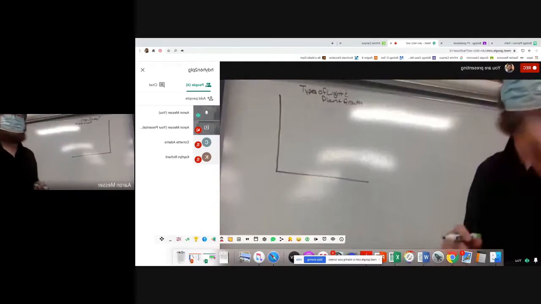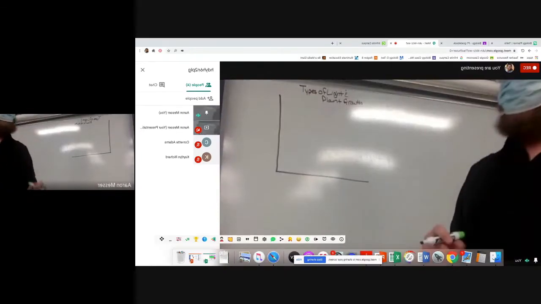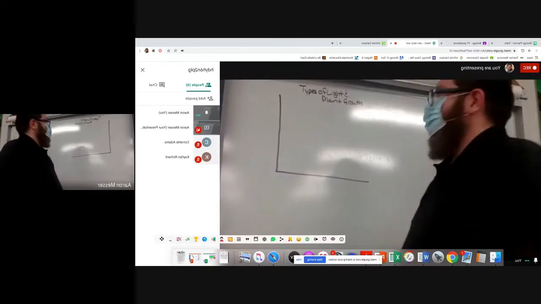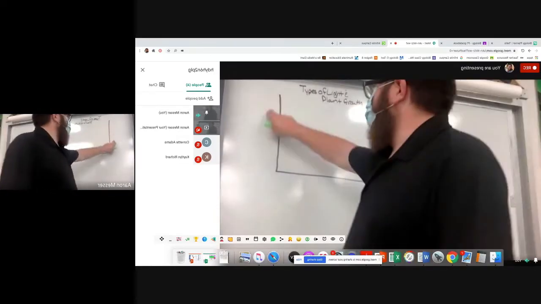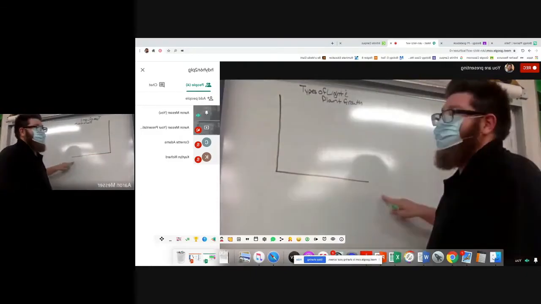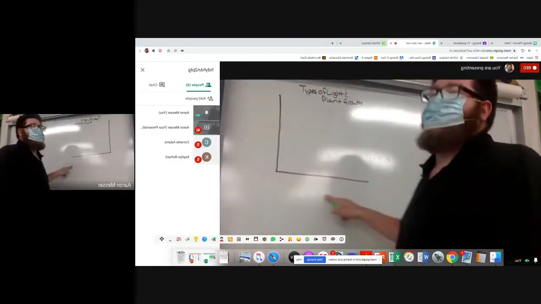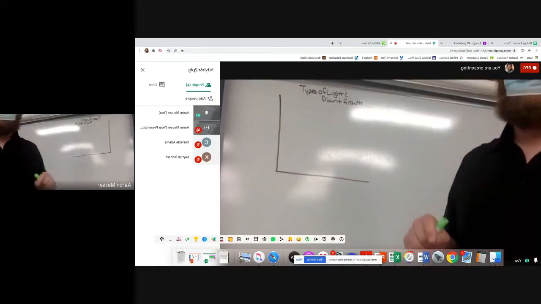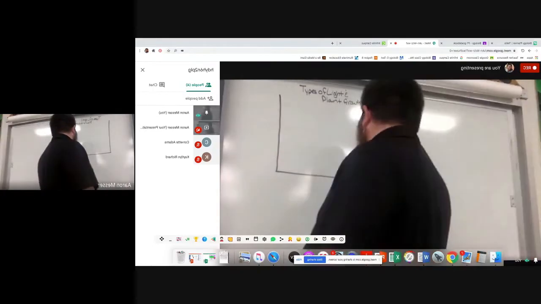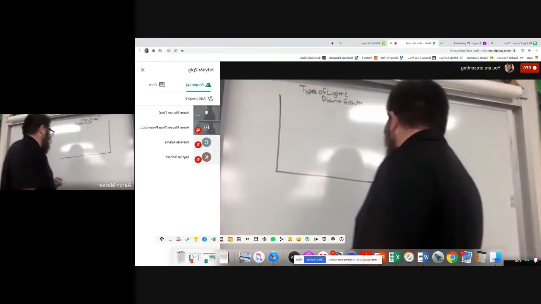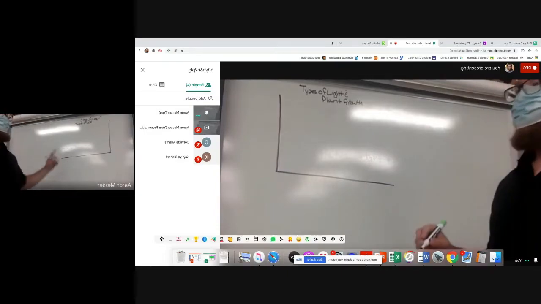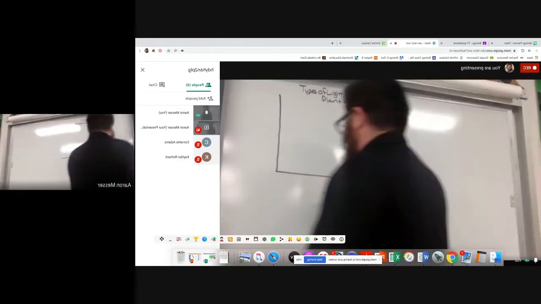And dependent goes on the y-axis, independent on the x-axis. Dependent is what we're measuring, and independent is what we're changing. In a line graph, time is typically on the x-axis, okay? So we'll put time down here.